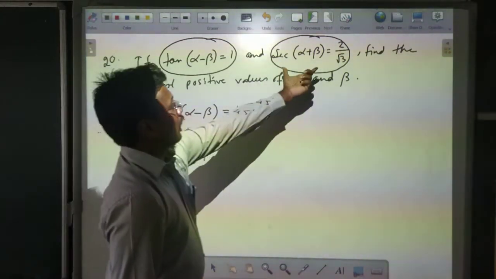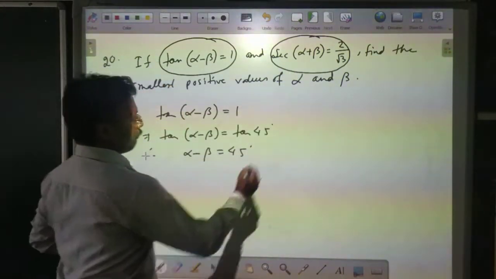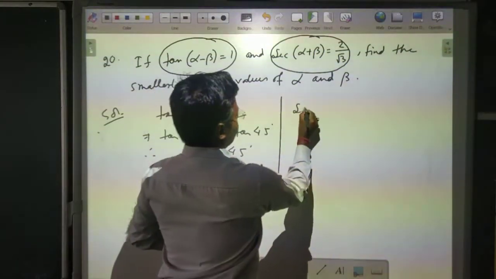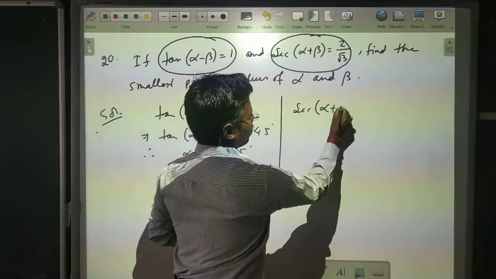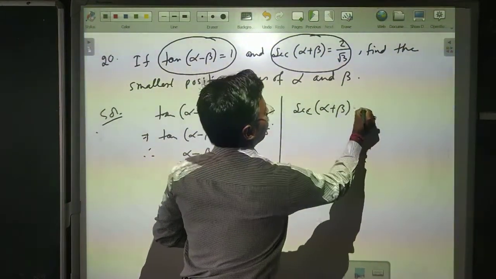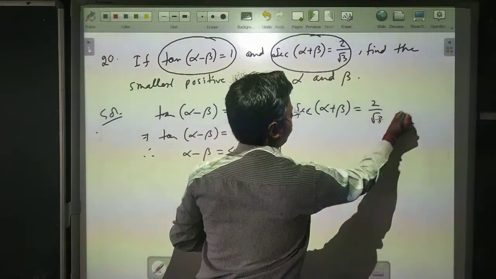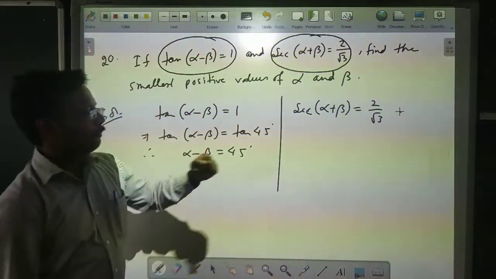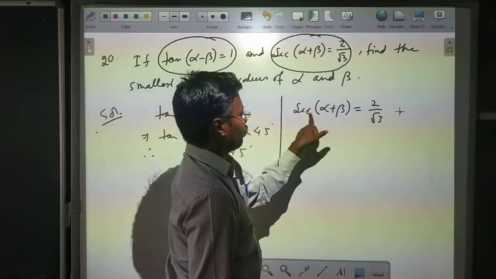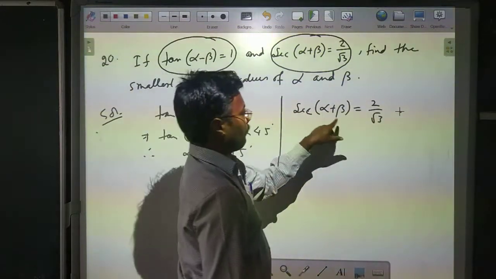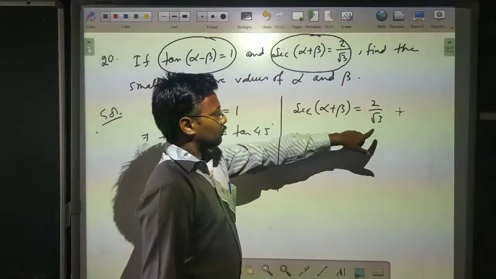Okay, next we have one more equation given there. It is sec(alpha plus beta) is equal to 2 by root 3. Now you know sec is 1 by cos.